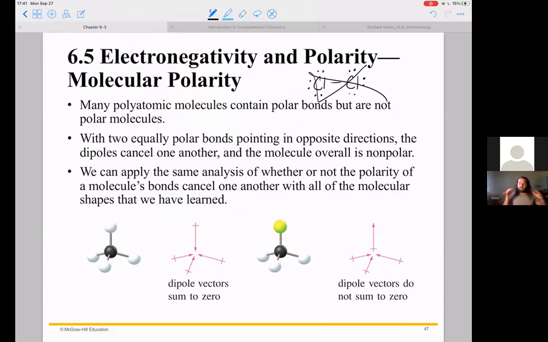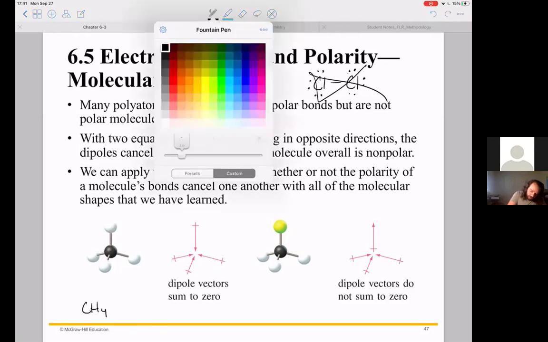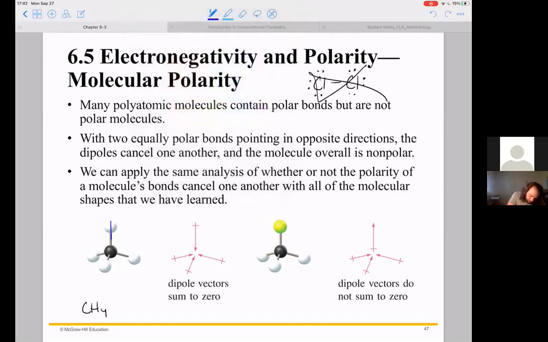All right, but now let's think about molecules that are made up of polar bonds, because that's actually most of our molecules. This is CH4 right here. Carbon is more electronegative than hydrogen, so each one of these bonds is polar, and if we draw our arrows pointing towards the more electronegative species, it would look like this.